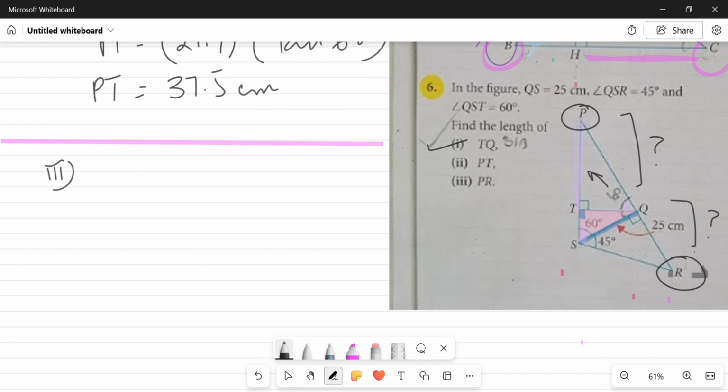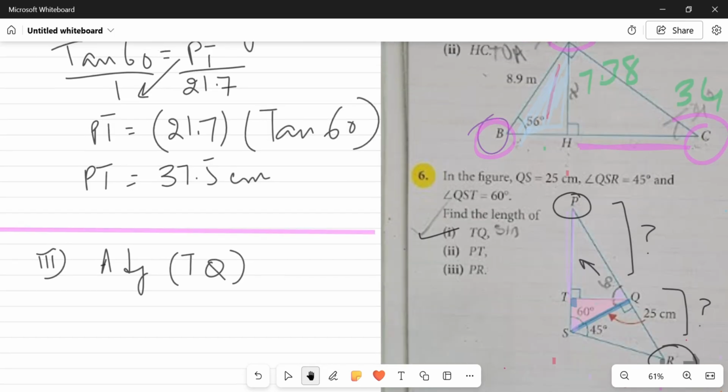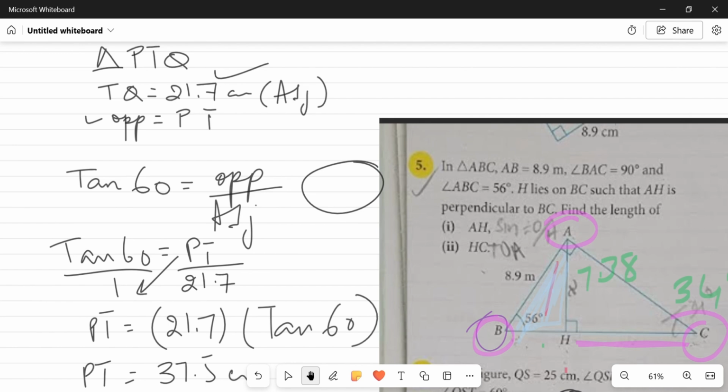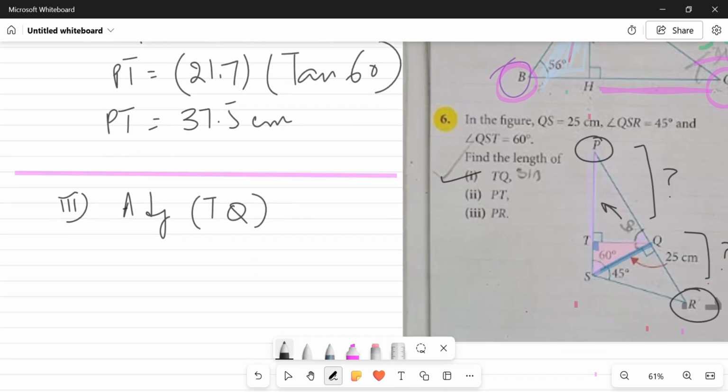TQ is adjacent, and we found it earlier: the answer for TQ was 21.7. So we write down 21.7 as the adjacent, and we need to find the hypotenuse. The hypotenuse is PQ, which is unknown, and we are given 60 degrees.